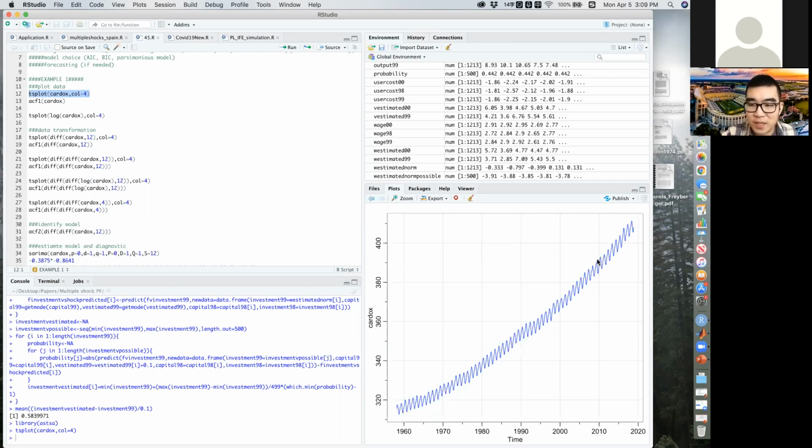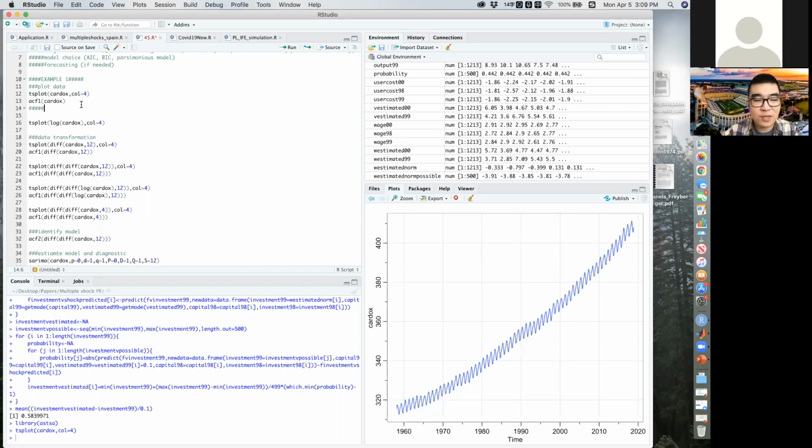There is some seasonality increasing in the data. So by looking at the raw data plot, we can see there's no heteroscedasticity.